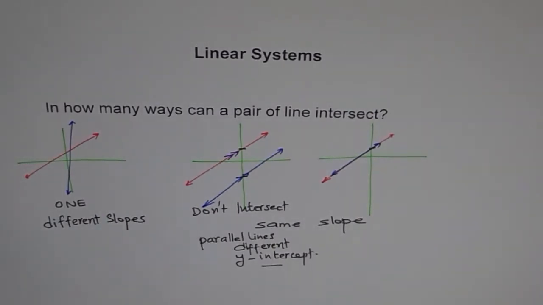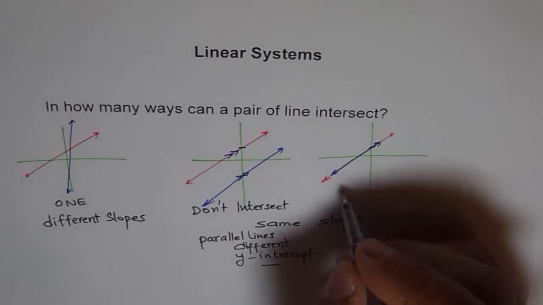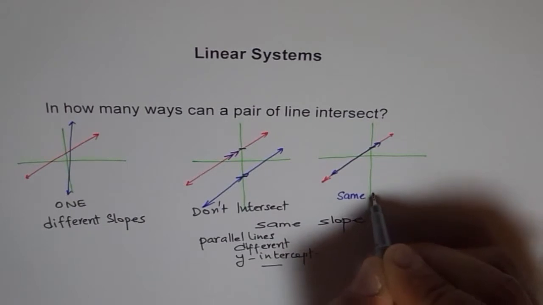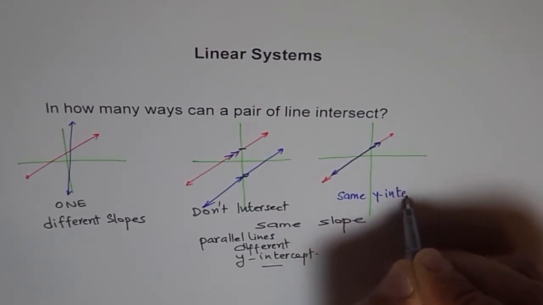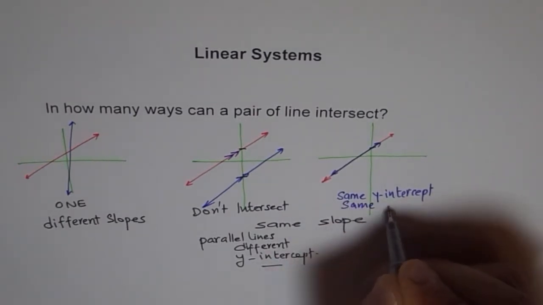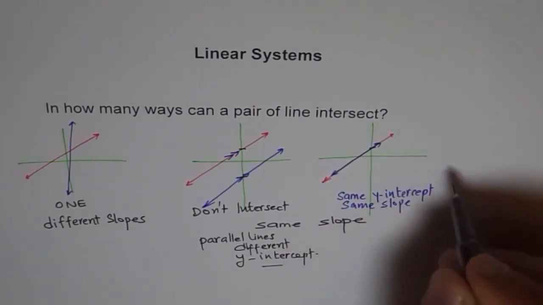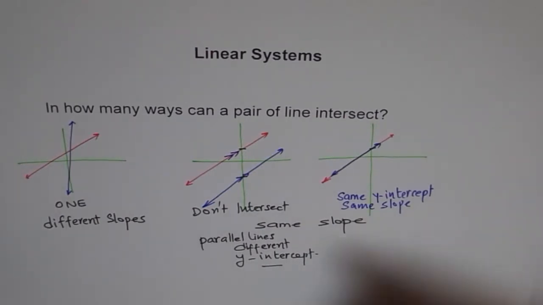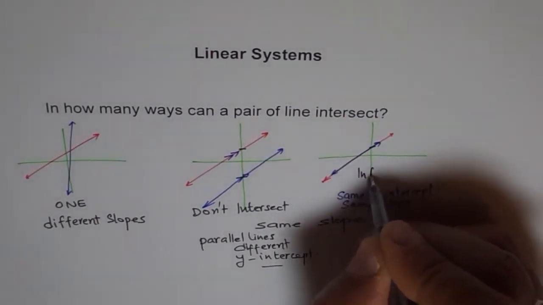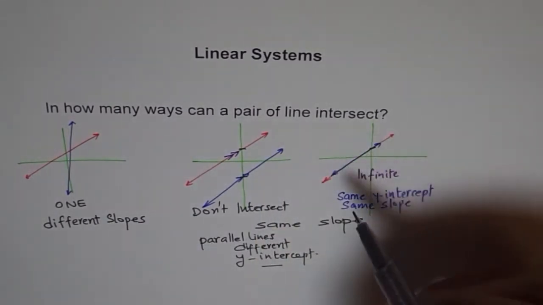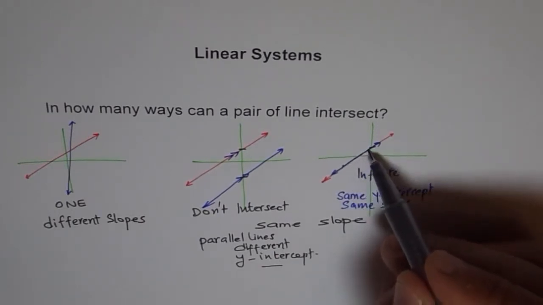So we have the same slope here, and we have the same y-intercept. So basically the lines are the same. So how many points of intersection do we have in this case? In this case, we have infinite points of intersection, because the lines intersect at each and every point, you see.